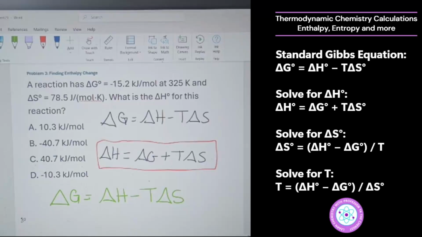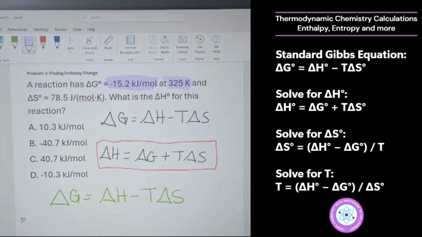Okay, now let's go ahead and see what we can get for our problem here now, okay? Look at your problem. There is something that's sticking out like a sore thumb. Delta G, look at the units. The unit here is kilojoules per mole. The temperature is 325 Kelvin.